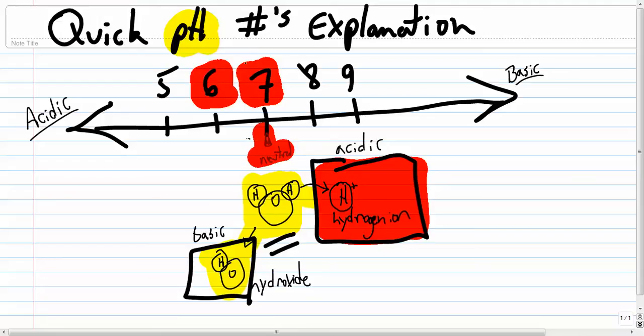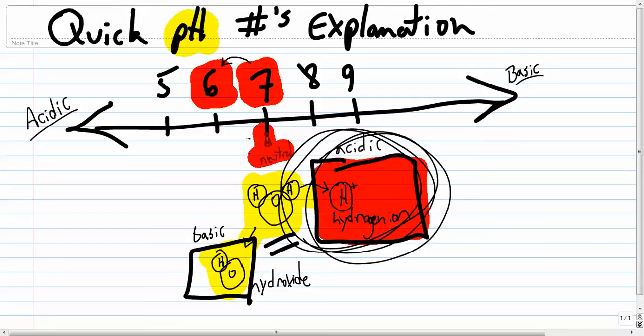But if you go from a 7 to a 6, what happens is the number of these things, the number of these hydrogen ions, goes up 10 times. So something with a pH of 6 has 10 times as many of these positive hydrogen ions as something with a pH of 7. Okay?